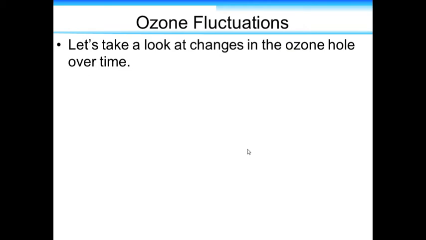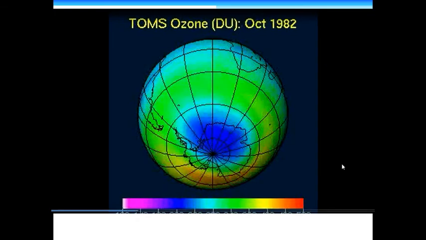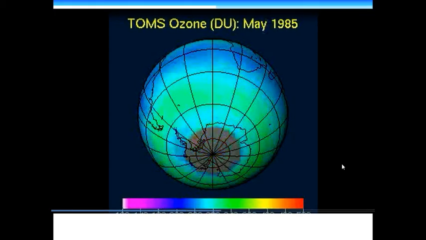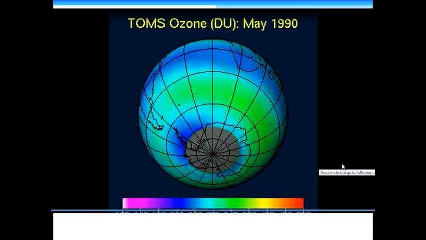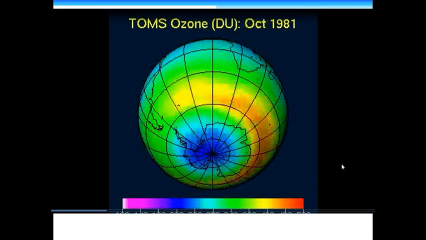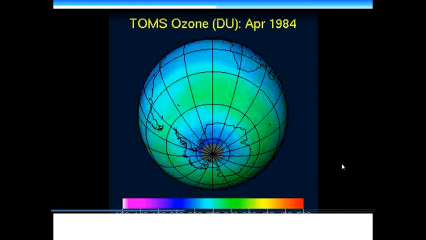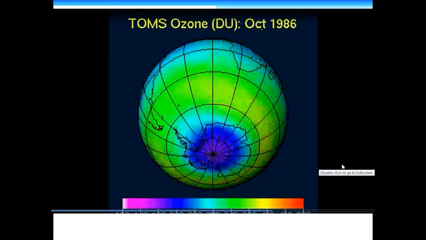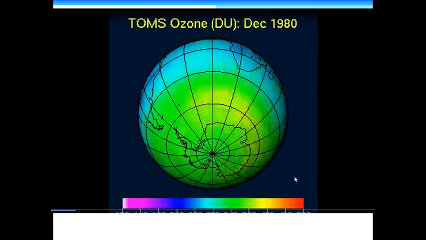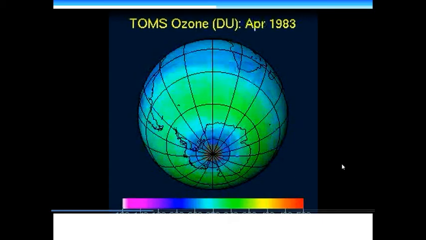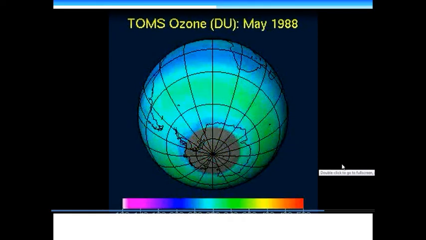So this picture here shows the month changing and the year changing as well. And if you look, you can see that over the course of a year, the ozone hole becomes thinner and thinner over the Antarctica, and it peaks in its thinness right around September and October.